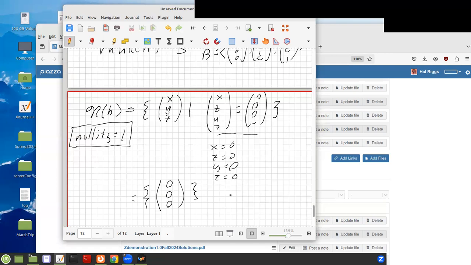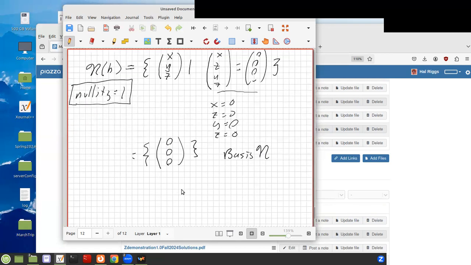Now, what is a basis for this space? The basis is the non-zero vectors needed, the ones that are linearly independent, to get this space.